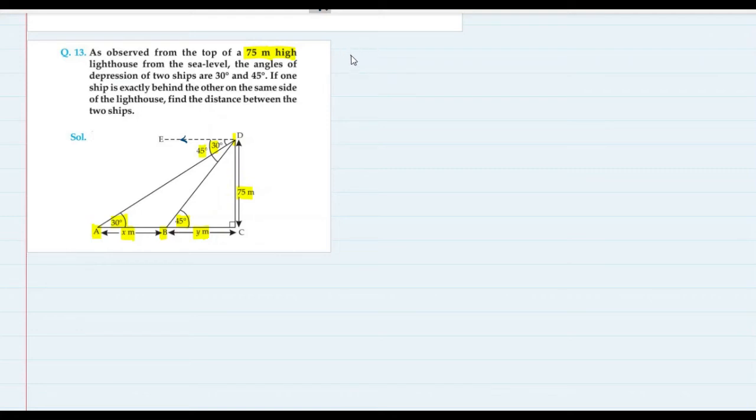Okay, so in triangle BDC, that's the first right angle triangle, tan 45 degrees is equal to opposite upon adjacent. So tan 45 is 1, opposite is DC, and adjacent is BC.